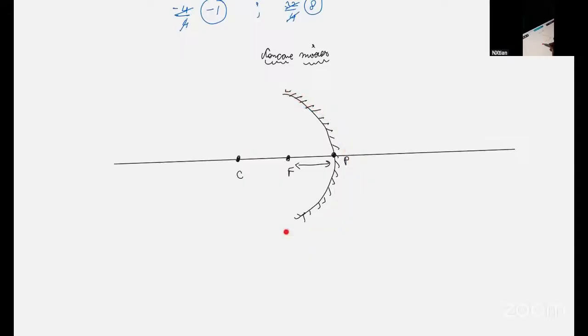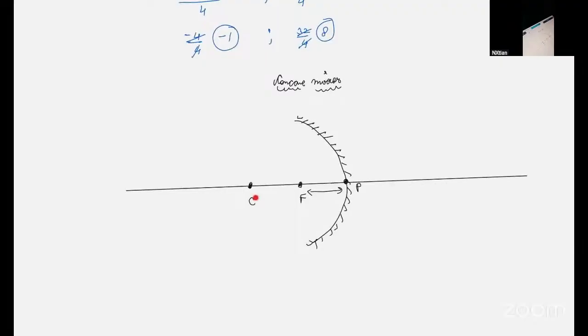The point where you put a needle, that point is called the center of curvature. Are you with me, Karthik? No, you didn't understand.